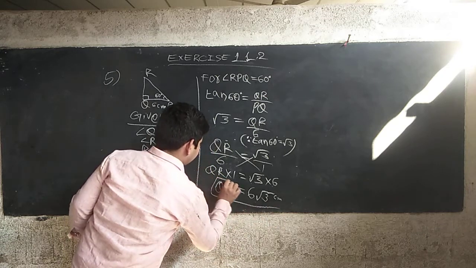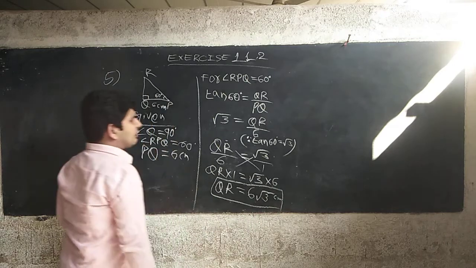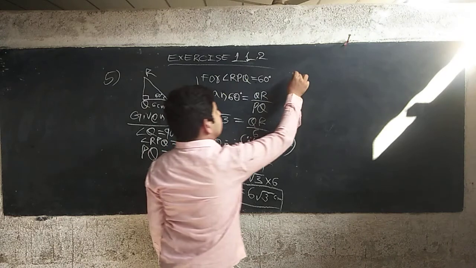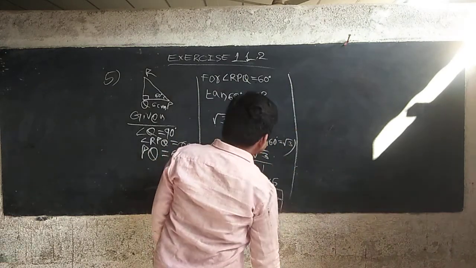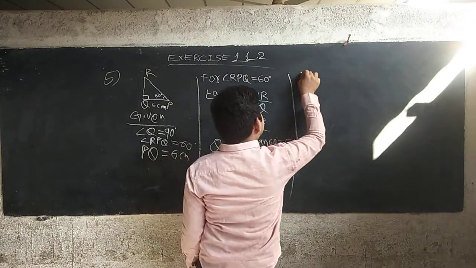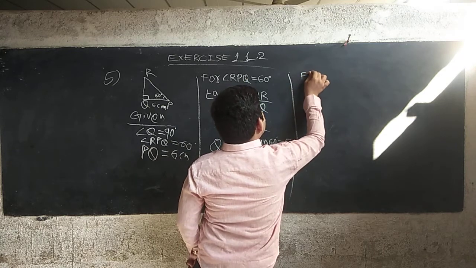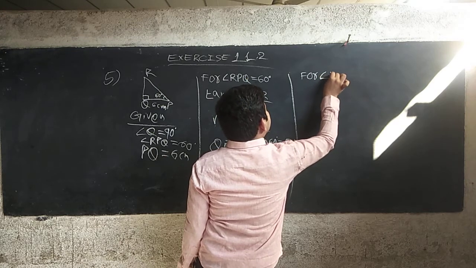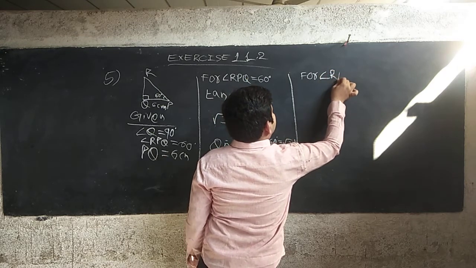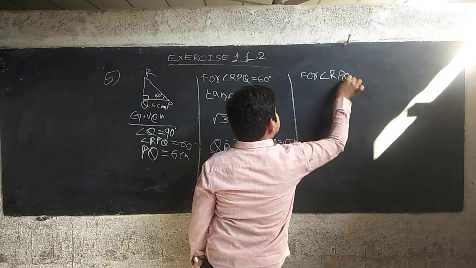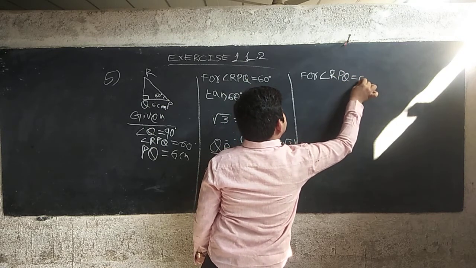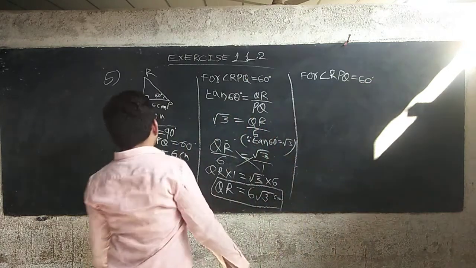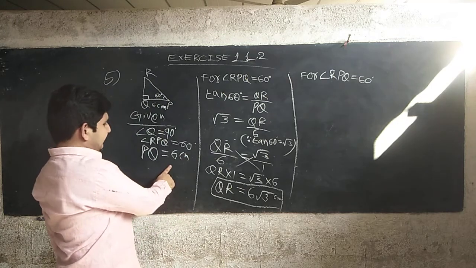Now we have to find PR. Now write down the same concept. For angle RPQ equal to 60 degrees, cos P. Why is PQ given?